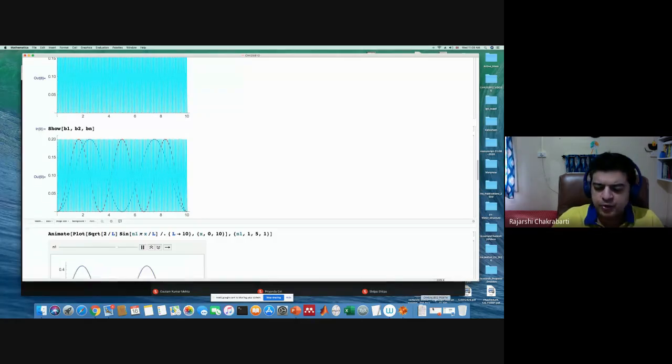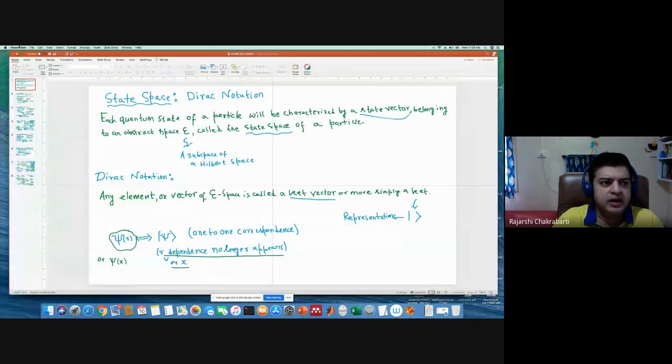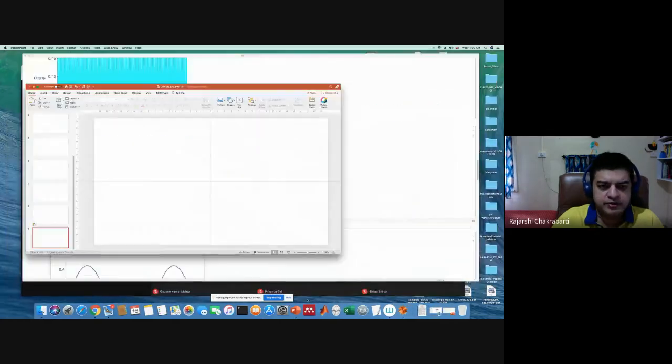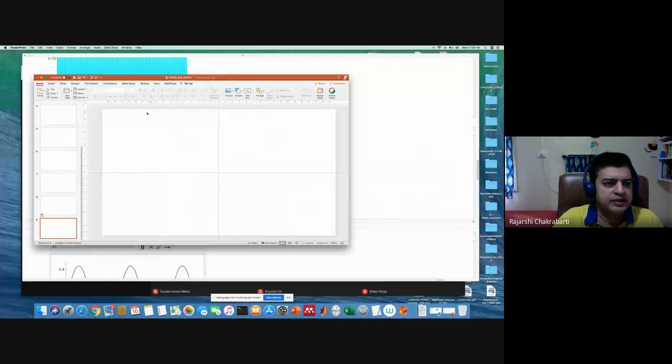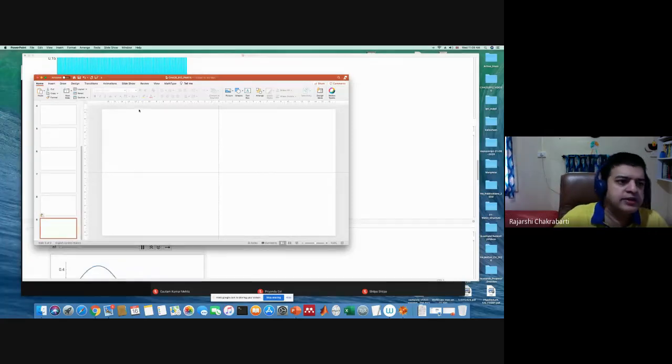And one more problem I think we should mention very briefly if possible, and that problem is called particle in a 3D box.